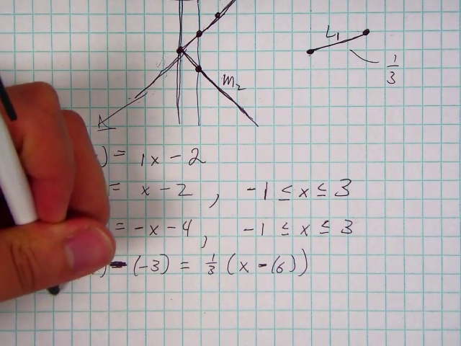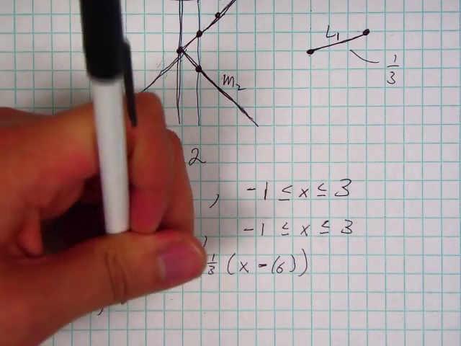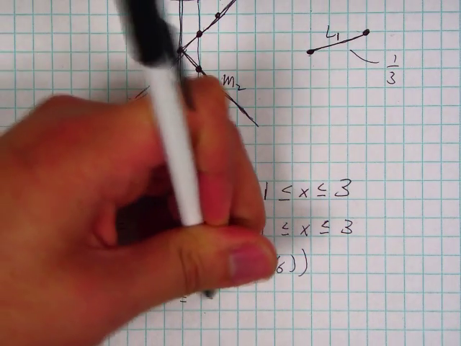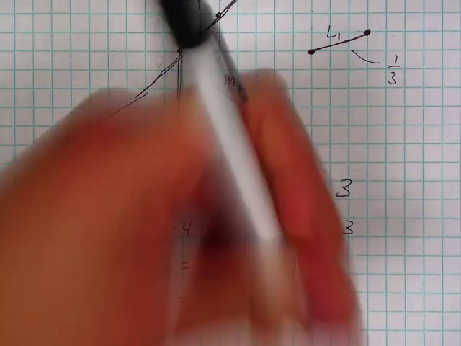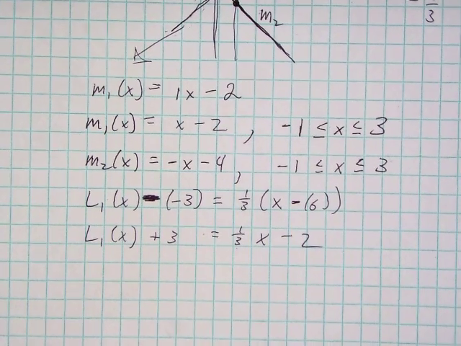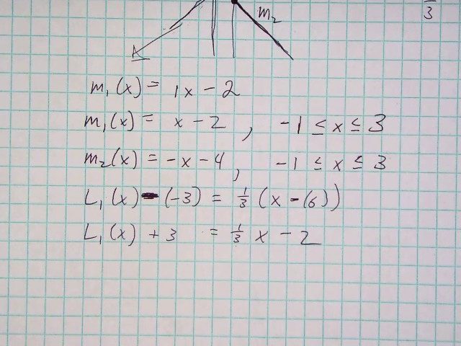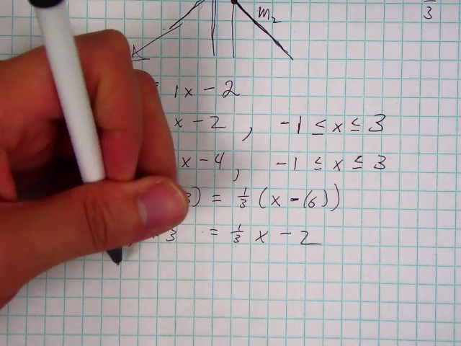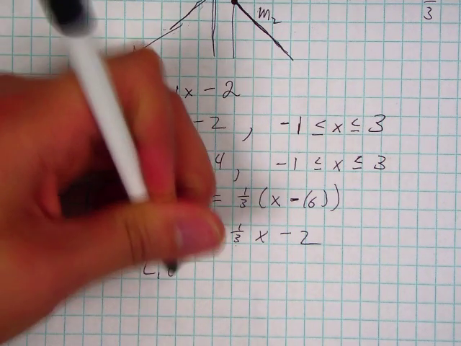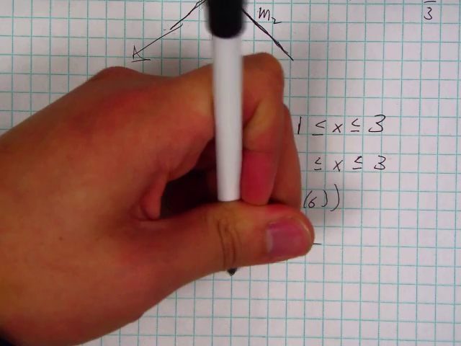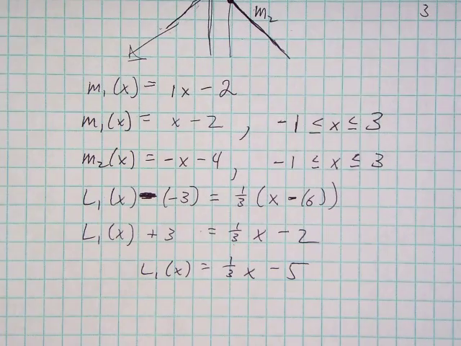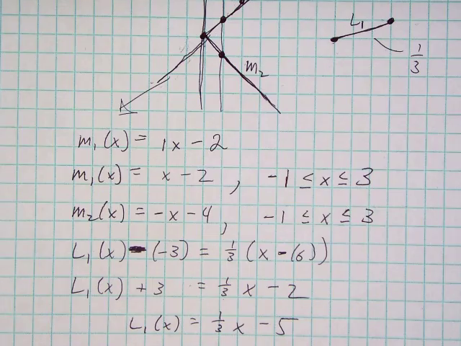So you have that, and you just need to simplify it. I'm distributing to the 1/3, and subtracting 3 to the other side. So L1 of x equals 1/3 x minus 5.